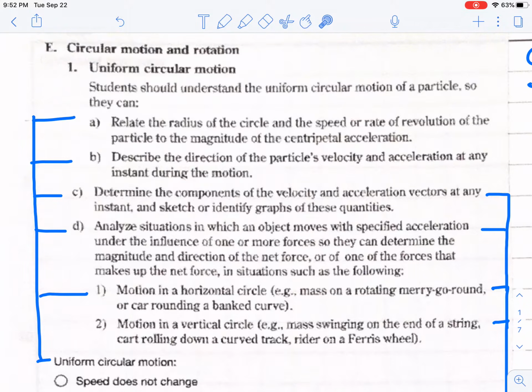Analyze situations in which an object moves with a specified acceleration under the influence of one or more forces, and be able to determine the magnitude and direction of the net force. This would include going around a circle and speeding up or slowing down. And then some examples of how you expect to do that in part D.